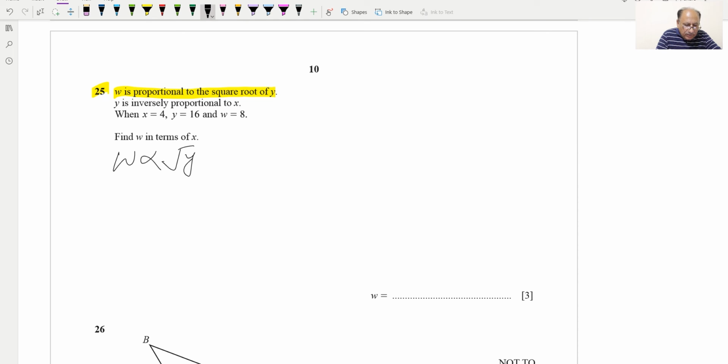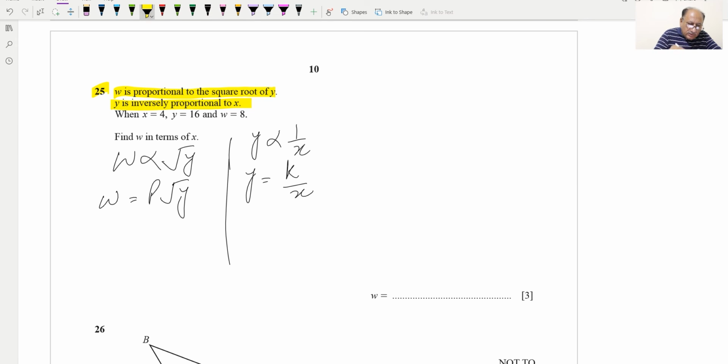This implies W is equal to P under root y. Now y is inversely proportional to x, so we can write y is equal to k over x.